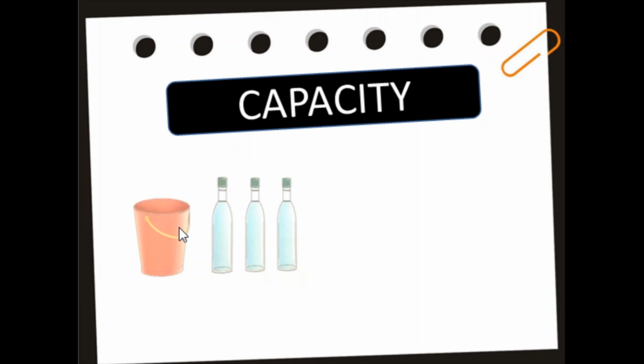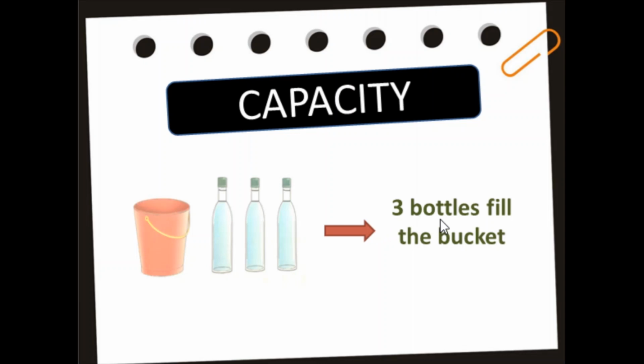you put the water from the bucket and put it in the 1 liter bottle. The water inside the bucket reaches 3 liters of bottled water, which means that 3 bottles filled the bucket.